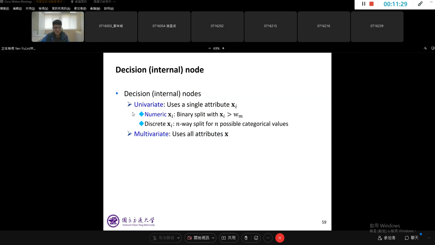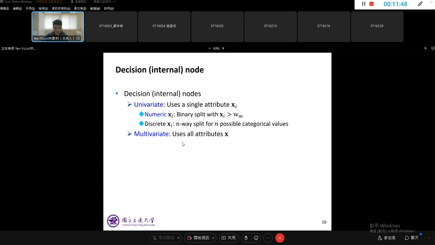There are several types of decision function. Some decision functions take a single feature or a single attribute into consideration. In this case, the decision tree is considered univariate.